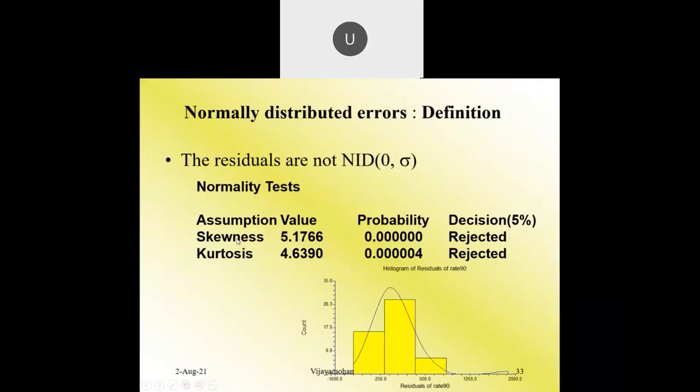And the kurtosis must be close to 3, or it must be 3. Here the kurtosis measure also is very high. So we have the p-values given in the test. The p-values are all much less than 5%, close to 0. Therefore, we reject the null hypothesis of no skewness and no kurtosis. That means the residuals are not normally distributed. And the histogram of the residuals also shows that they are not normal.